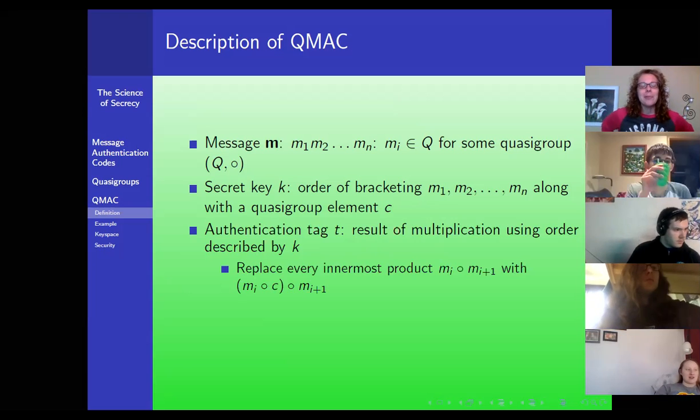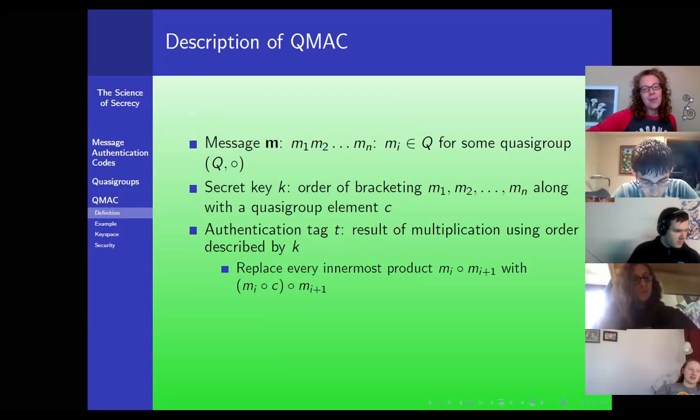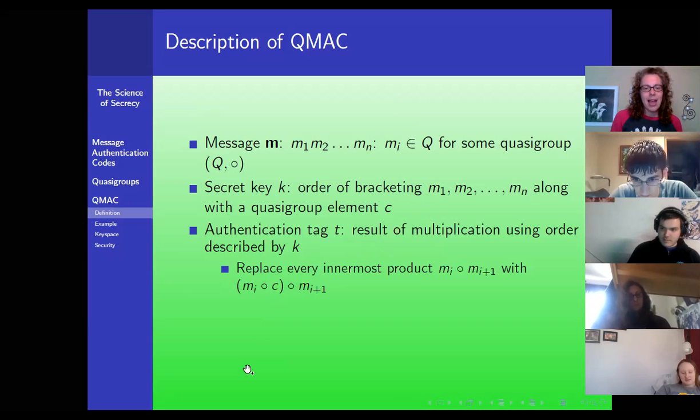We want to replace every innermost product M sub i circle M sub i plus 1 with M sub i circle C and then circle M sub i plus 1, where C is an element from the quasi-group.